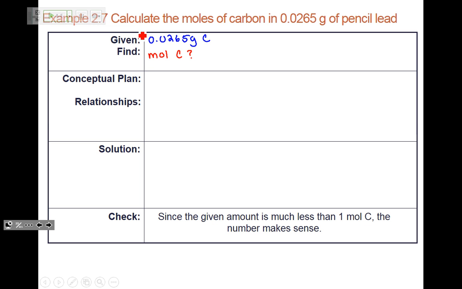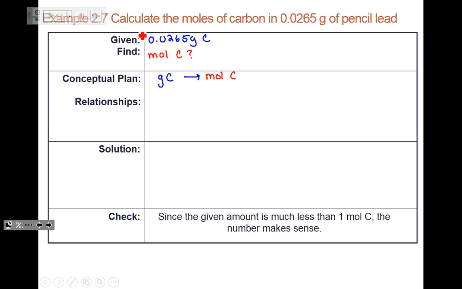Our conceptual plan: we're going to take our grams of carbon and convert that to moles of carbon. Now, our relationship is not given in the example, but we can find it by looking on the periodic table.